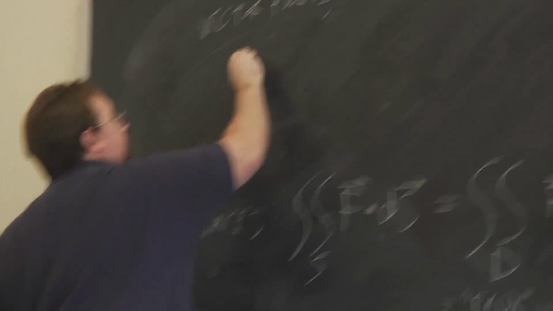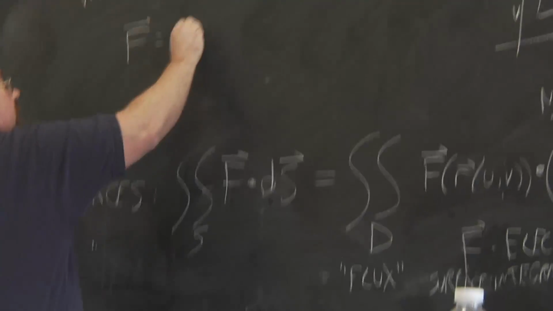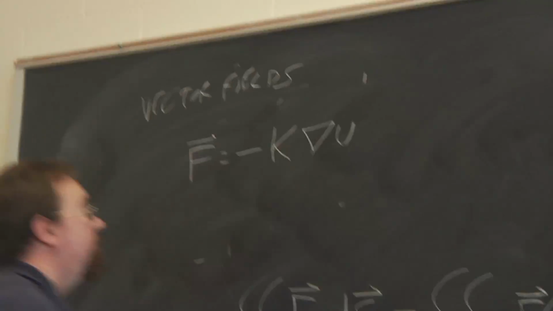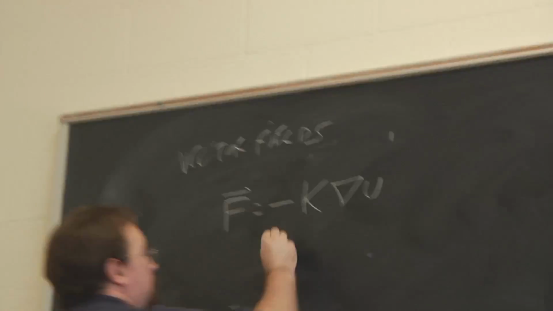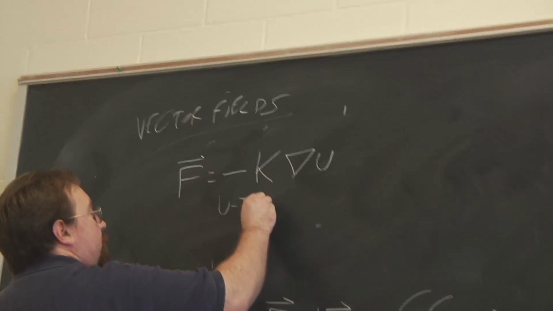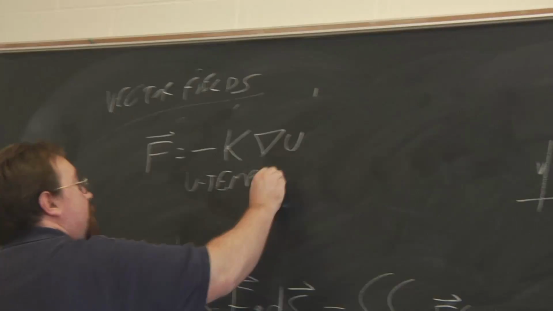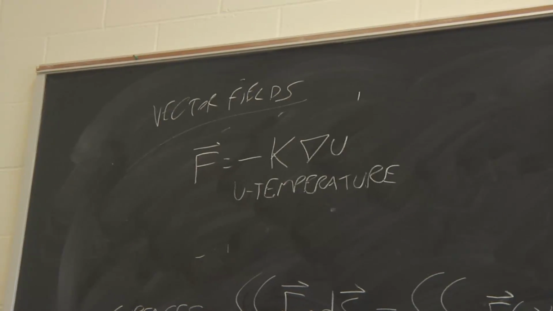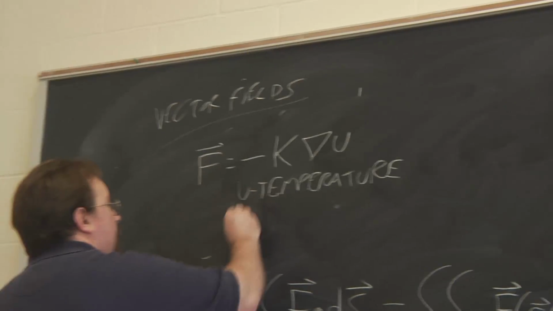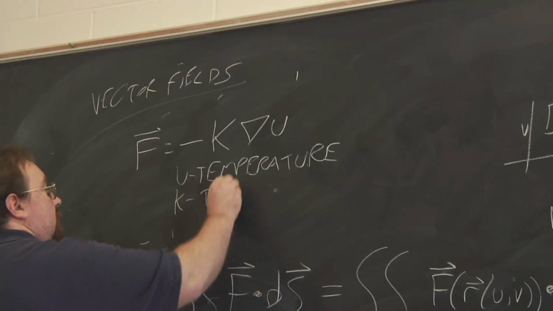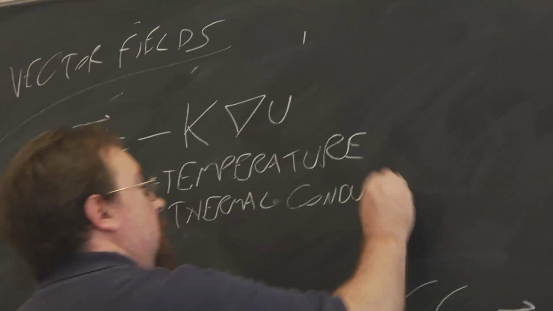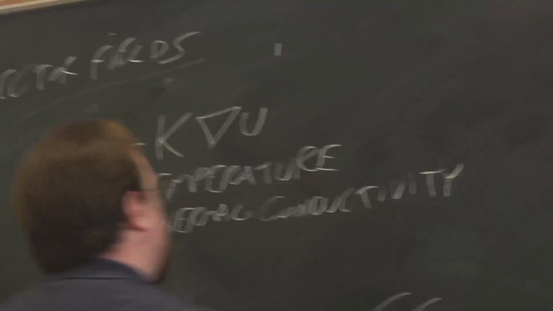Suppose that your vector field is minus constant k times the gradient of some function u, where u represents temperature. So it's a function that gives you the temperature of an object at any point within the object. K is constant of thermal conductivity.